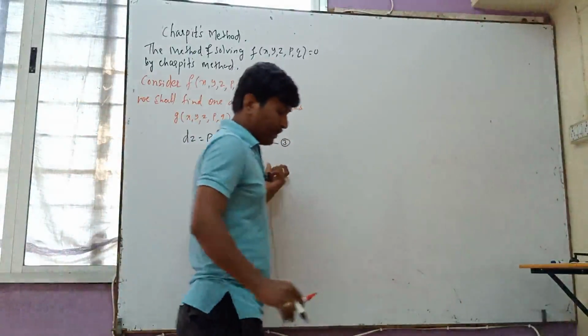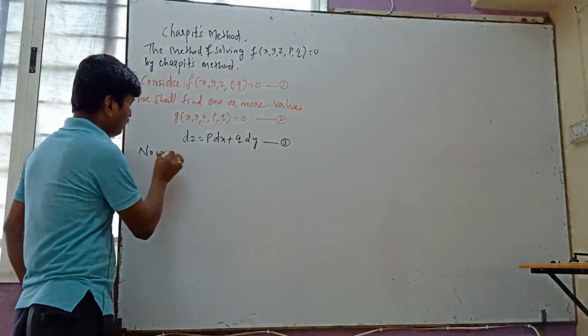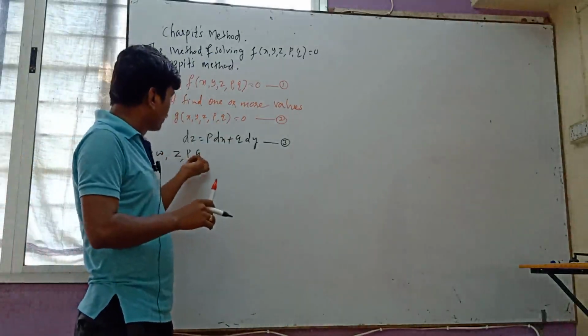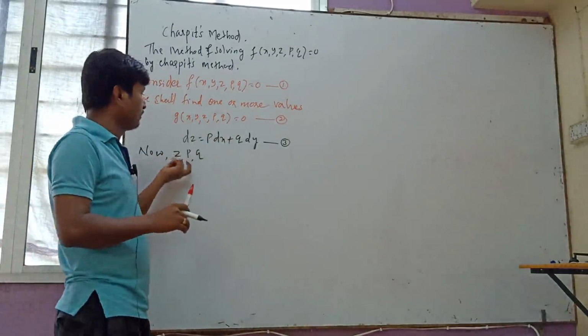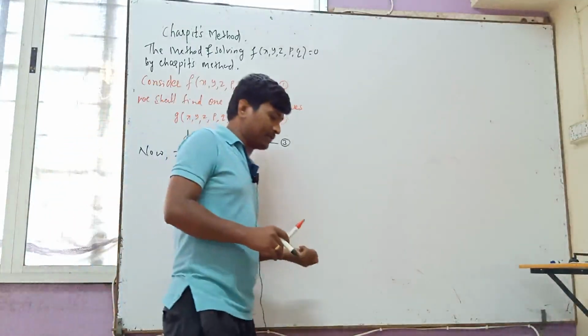Now z, p, q. Here z is a dependent variable and x and y are the independent variables.